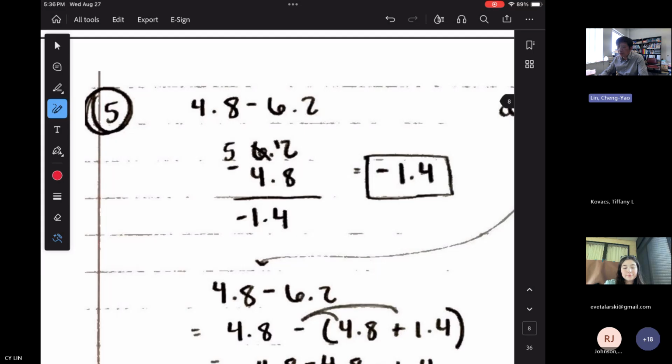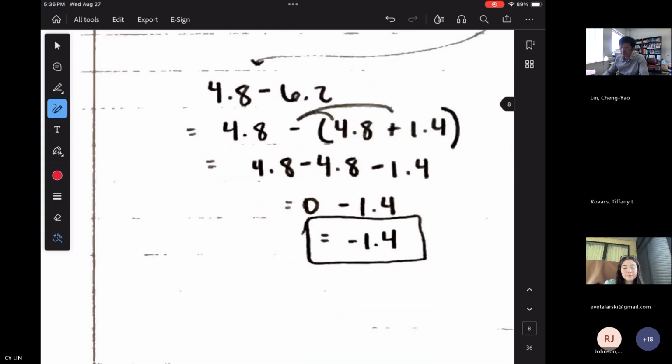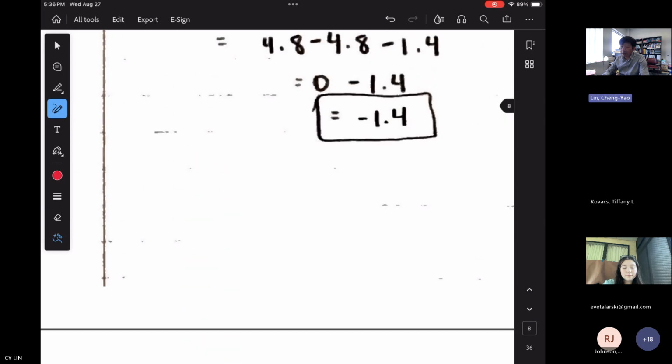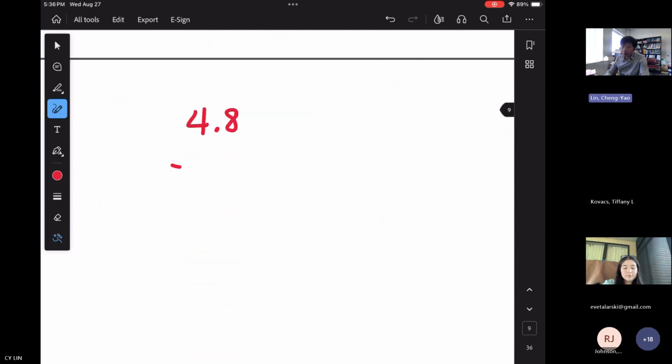4.8 minus 6.2. All right. Many people make a mistake on this problem. 4.8 minus 6.2. And many people do it this way. Oh, I want to take 8 minus 2, I got 6.